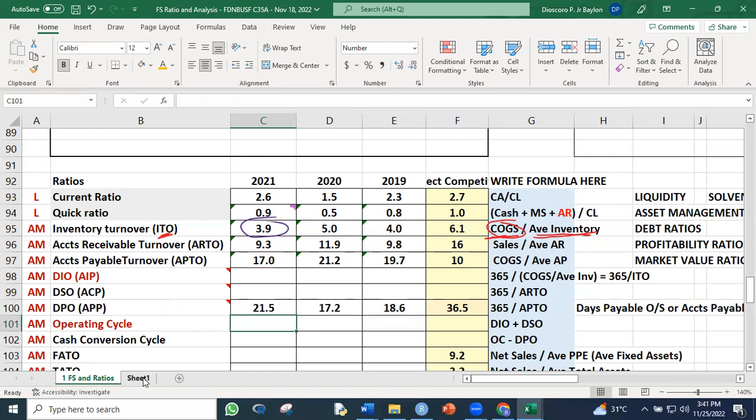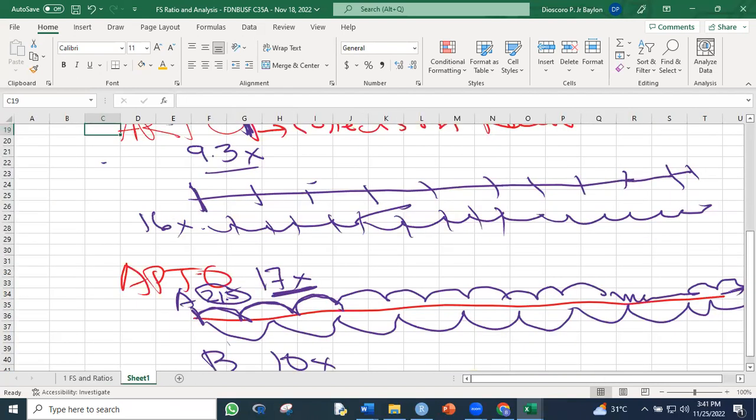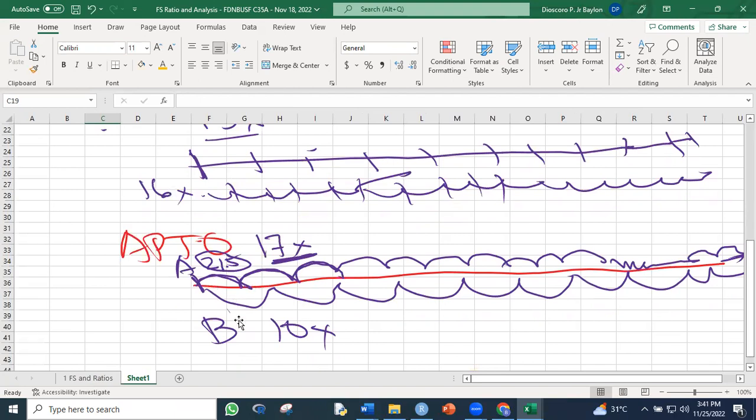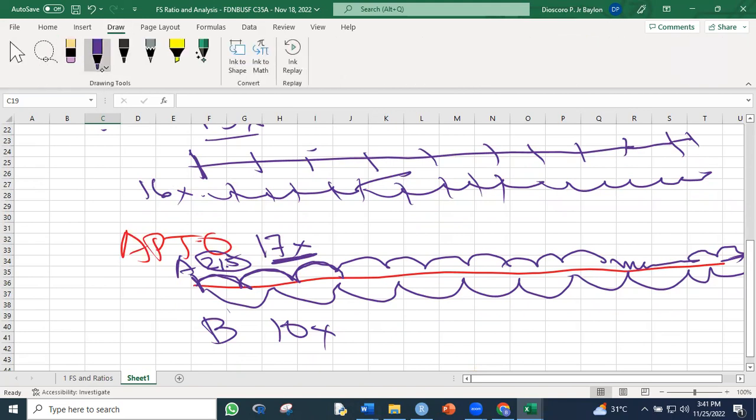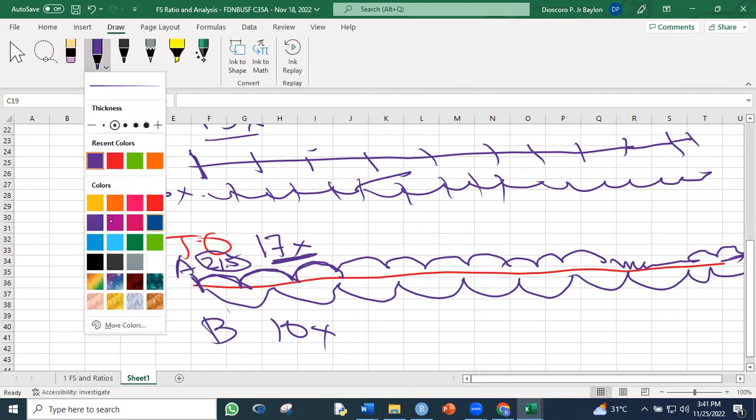All right. So for our competitor, since it's only doing it 10 times, how long does it take our competitor to buy the raw materials and then pay?